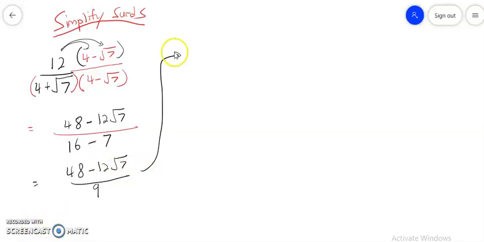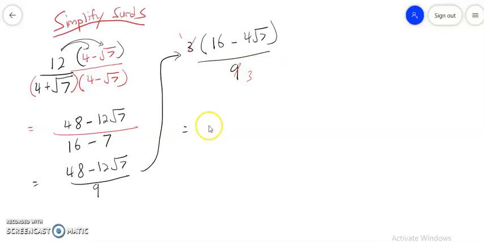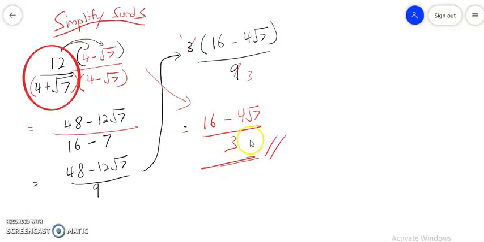To simplify further, we can factorize with 3. Here you'll be getting 16, minus 4 square root of 7, and 3 divided by 9 gives 1 over 3. So your answer will be 16 minus 4 square root 7 over 3. You have successfully simplified from here to this answer.